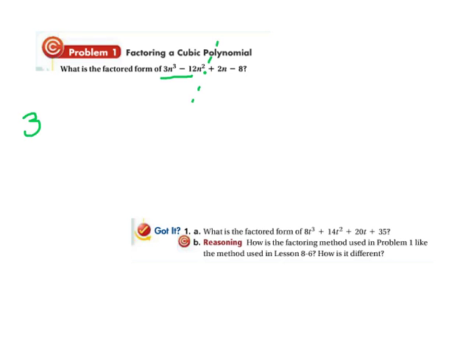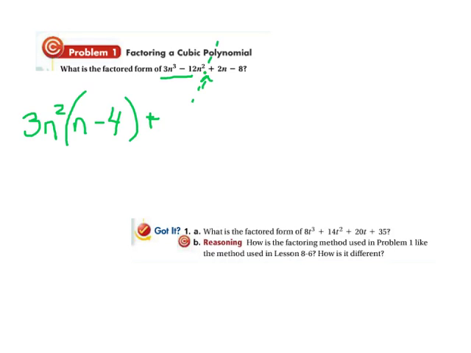N cubed and n squared can both be divided by n squared. If I divide 3n cubed by 3n squared, I get n. And if I divide negative 12n squared by 3n squared, I get negative 4, and then I have a plus sign because this is a plus.